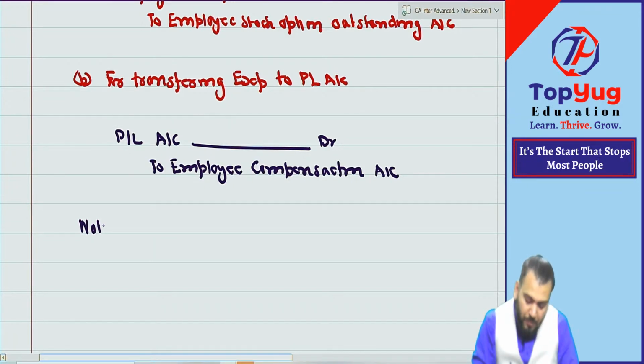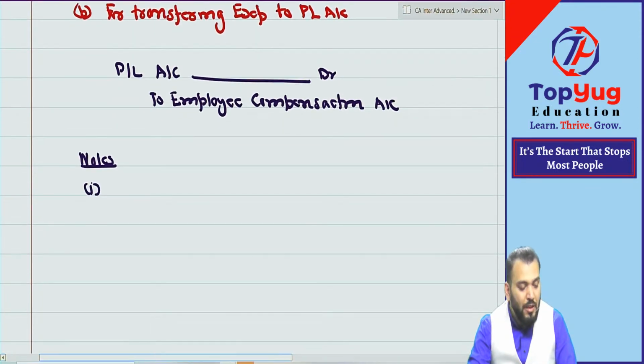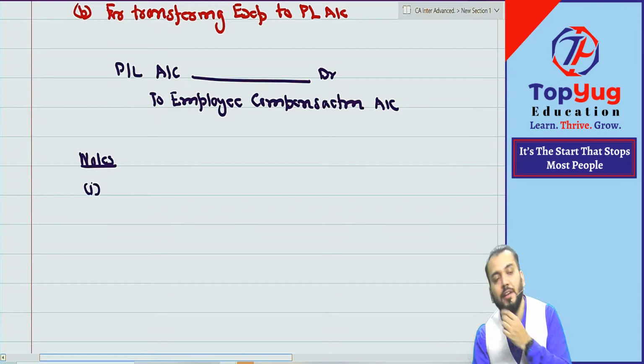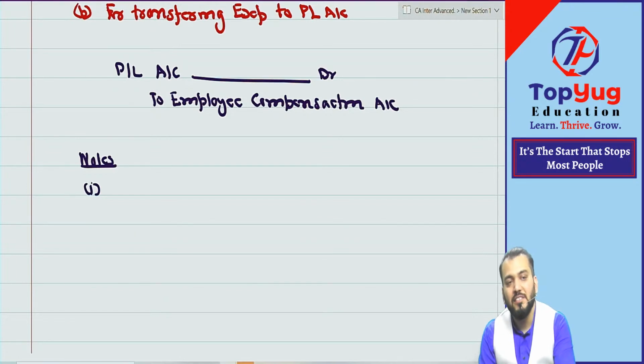Write down some notes. Note number 1. I hope you have understood stock option outstanding account. Now one question arises: is this stock option outstanding a liability or is it equity? When I say equity, equity includes capital as well as reserve and surplus.